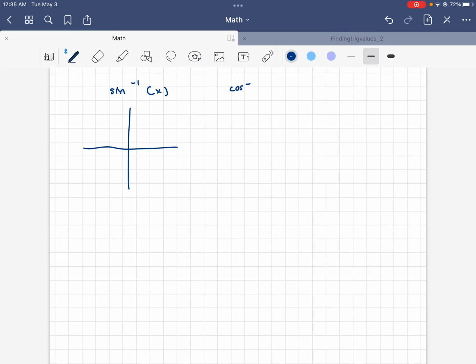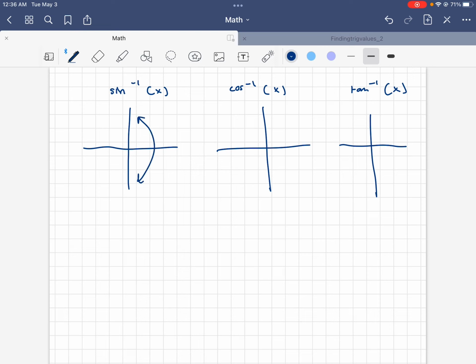Like I was saying, something to keep in mind is that this is based off of the domains and ranges. We'll do example problems after, but for the kind of problems we're about to do, sine can only be from here to here.